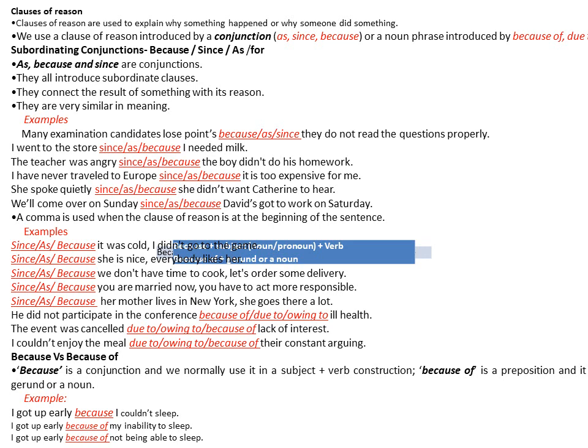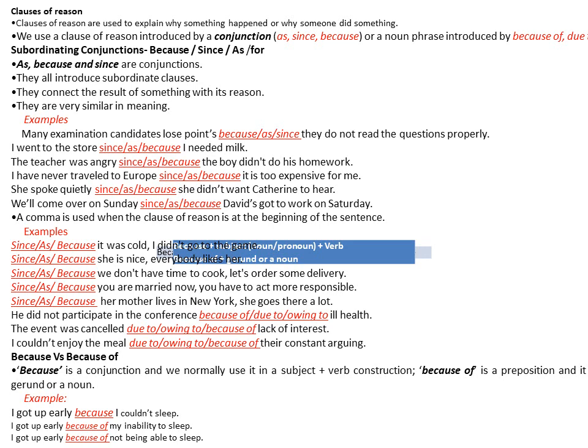All these adverbial clauses of reason introduce the cause. I have never traveled to Europe since, as, or because it is too expensive. She spoke quietly since, as, or because she didn't want Katrina to hear.